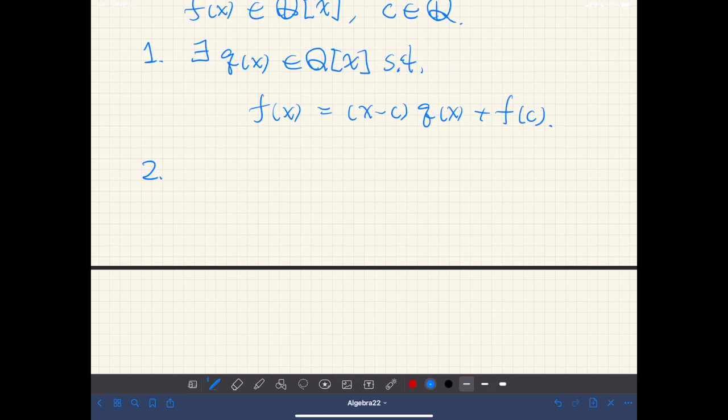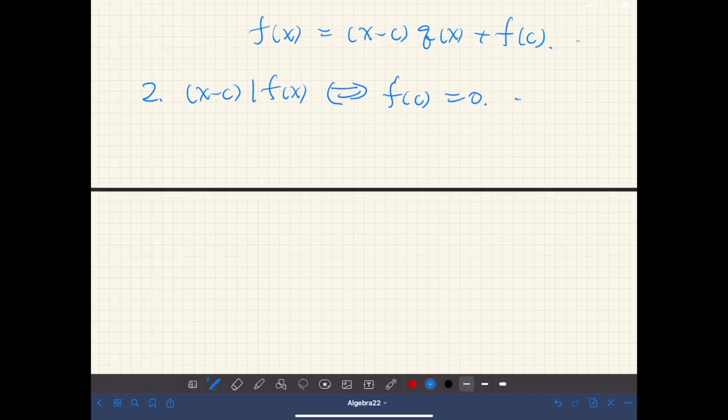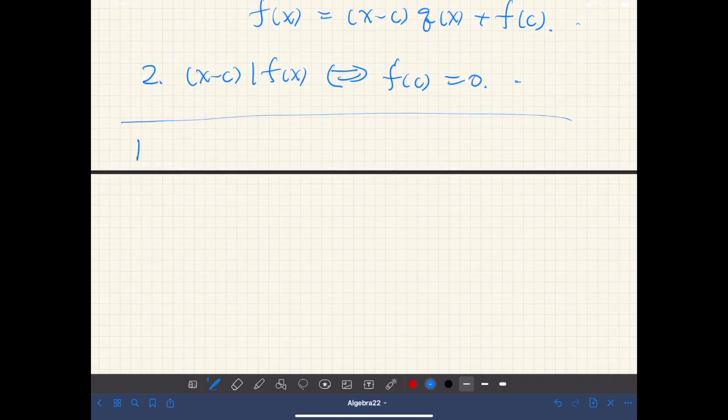And second, x minus c divides f of x if and only if f of c is equal to 0. Now this second part is trivial from the first part. So let's prove the first part.